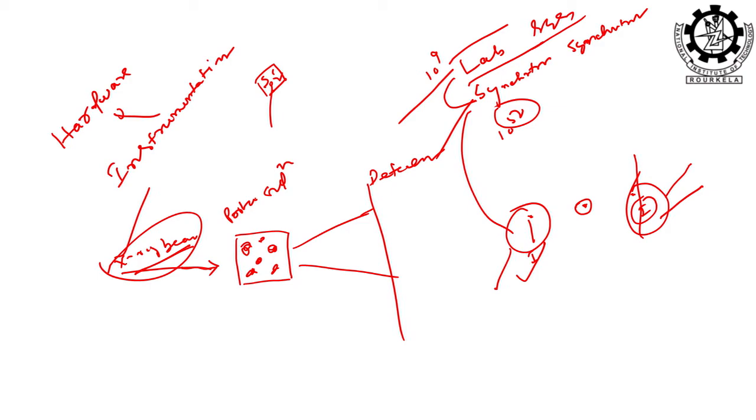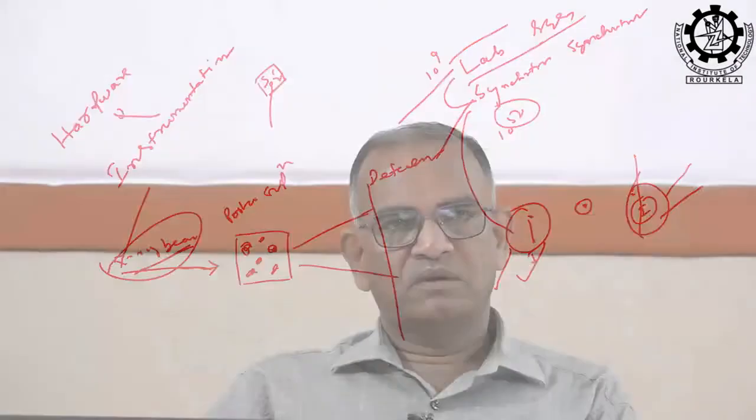And in a synchrotron there are various windows for different purposes, because at a time maybe 100 people are working together. There is a small angle X-ray scattering window, there is an XRD window, different kinds of experiments going on with X-ray and other radiations available in the synchrotron system.